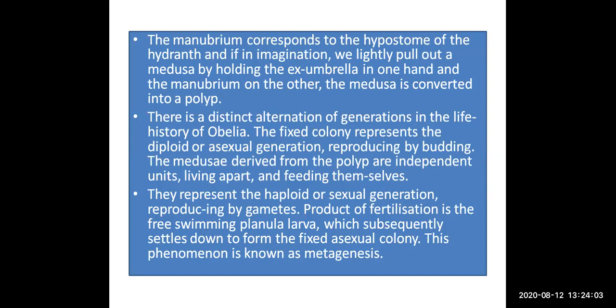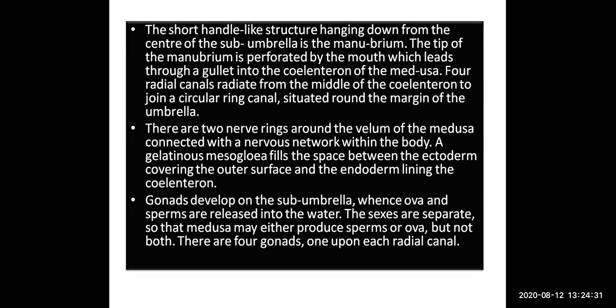They represent the haploid or sexual generation, reproducing by gametes, which produce the free-swimming planula larva, which subsequently settles down and becomes the fixed colony. This phenomenon is known as metagenesis.